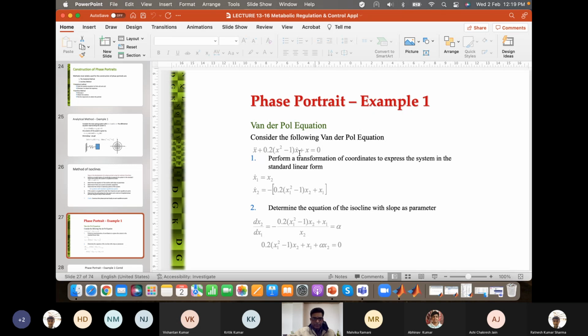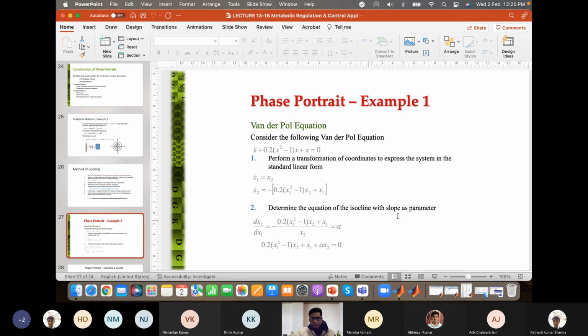So this is a very classical system, and what you can see is that you could break this equation up into a two variable equation by just defining a transformation of variables. Then if you divide this, you get on the right hand side f2 divided by f1, which is x2, with a negative sign in front. Now you parameterize this and use a parameter called alpha, which is what we call the slope of the isocline.